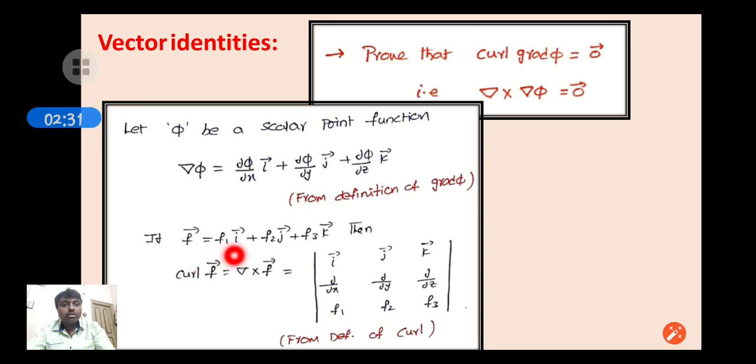Curl f bar is equal to del cross f bar, that is equal to determinant of i bar, j bar, k bar, dou by dou x, dou by dou y, dou by dou z, f1, f2, f3, where f1, f2, f3 are the components of i bar, j bar and k bar. So here first I prepare grad phi, del phi. For this one I can now calculate the curl.